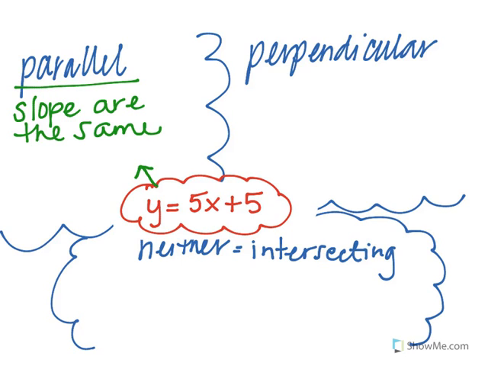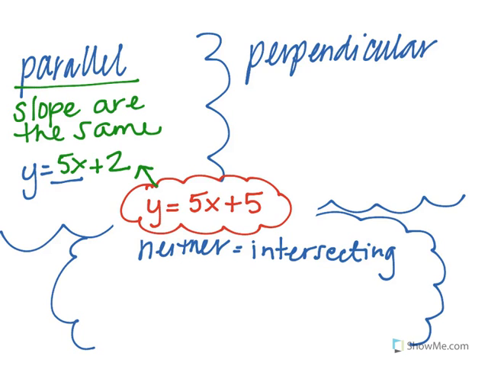So we can come up with an equation of a parallel line to y equals 5x plus 5. So all we're going to do is write an equation that just has the same slope as 5x. So the slope is 5, so we're just going to write an equation 5x plus, let's say, 2.